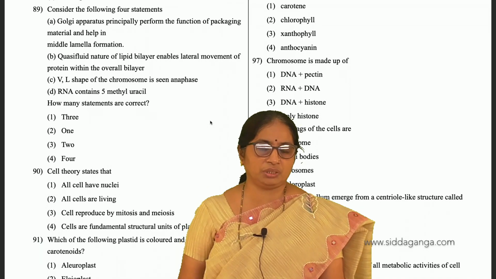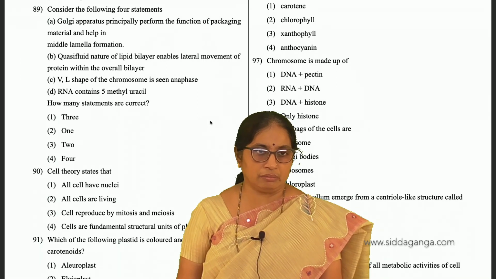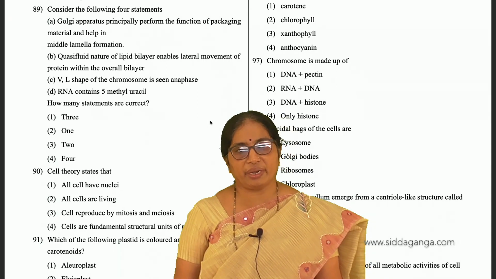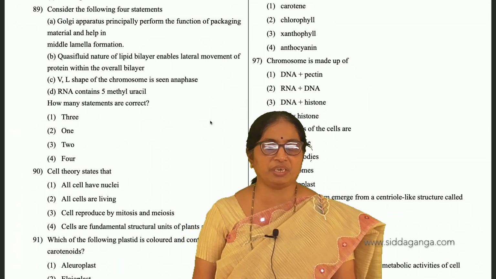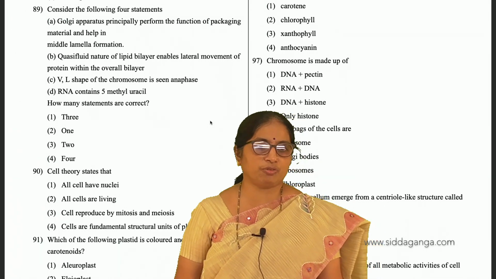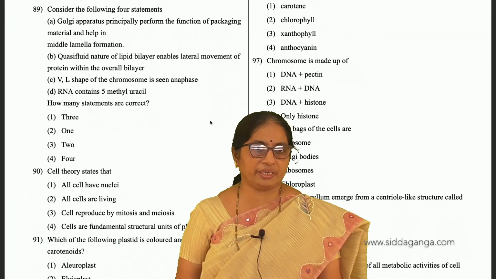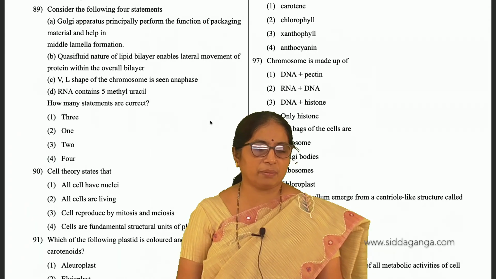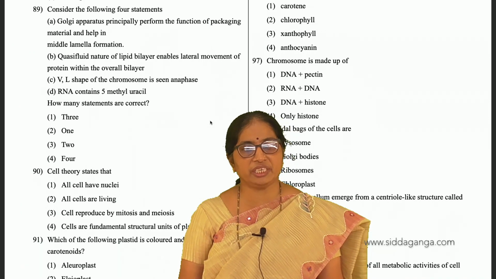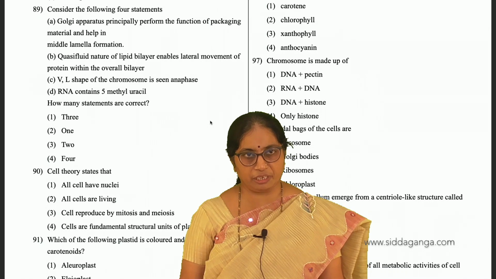The chromosomes, which are called acrocentric, metacentric and submetacentric, these V-shaped and L-shaped structures of chromosomes are seen in anaphase. All three statements are correct except that RNA contains 5-methyl uracil, so that is not a part of the correct statements. So three statements A, B, C are correct. The fourth is a wrong statement.